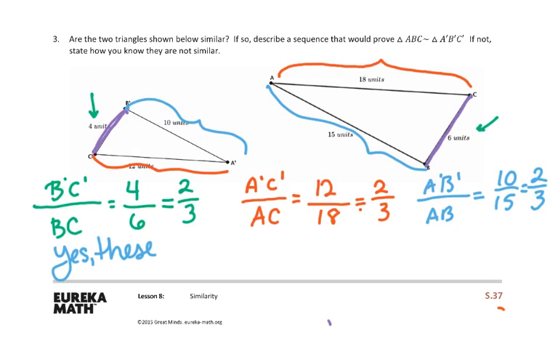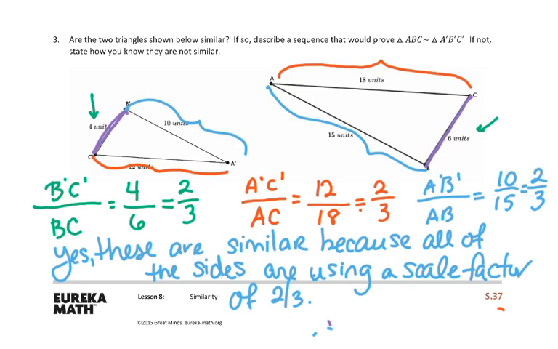So if you want to pause the video and catch up with that, you can. And then I'll have you start working more independently on the next ones with a little bit of guidance. So my explanation is yes, they are similar because all of the sides are using a scale factor of 2/3.